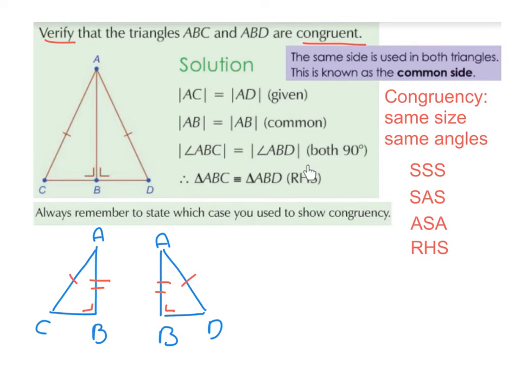And this is because of RHS: R representing the right angle, H representing the hypotenuse, and S representing the other side. Always remember to state which case you used to show congruency. So we used RHS.